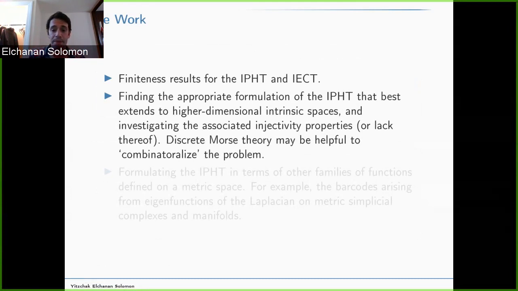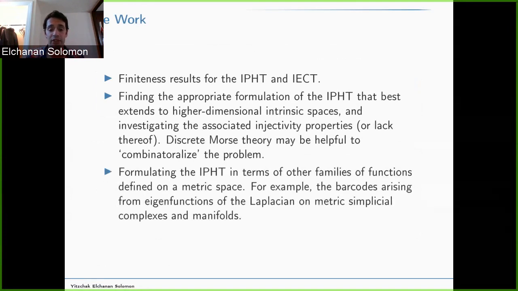And the last way in which you could generalize this is, we've chosen to look at the family of functions that come as distance from base points. But there are other functions that you can define on a metric space. For example, you can look at eigenfunctions of the Laplacian, and you get a family of functions, and you can get in that way a family of barcodes.